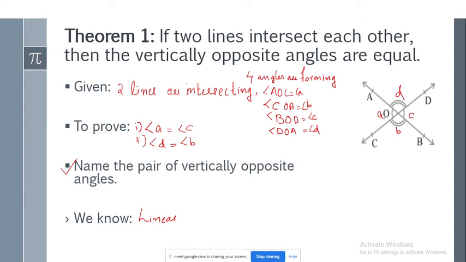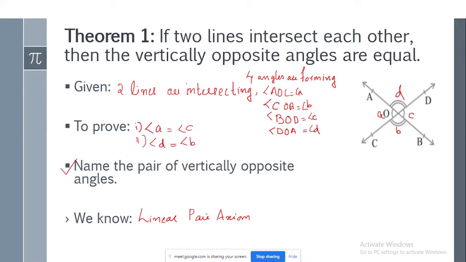Can you state what is linear pair axiom? When a ray stands on a line, the sum of the angles is equal to 180 degrees. Axiom 2 is the converse.